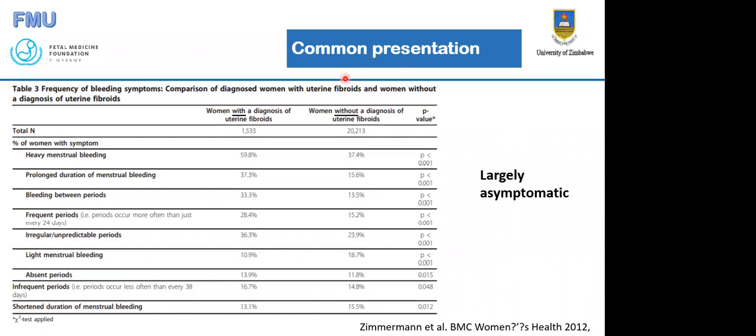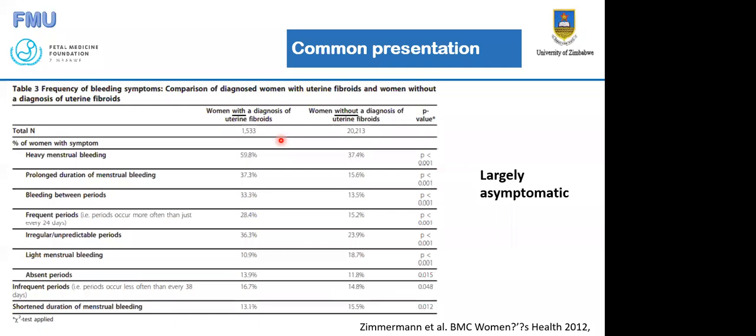Then these are the common presentations of fibroids. I didn't list all of them, but Zimmerman, in his cohort of almost 21,000 women, mostly from Europe, America, and one Asian country, compared those with fibroids and those without, and looked at the symptoms.